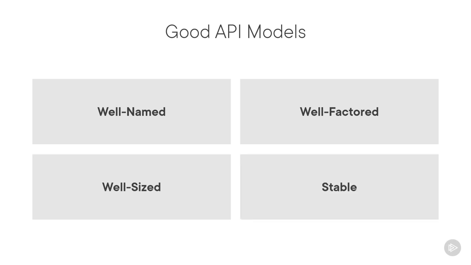Finally, try to get your models to be stable. Changes to your API models should be rare, and, if absolutely required, should ideally only involve adding data, not changing or removing it. One way that you can get more stable, more well-sized and well-factored models is to use intention-specific models for different operations, such as doing a new instance of a model versus a modification to a model.